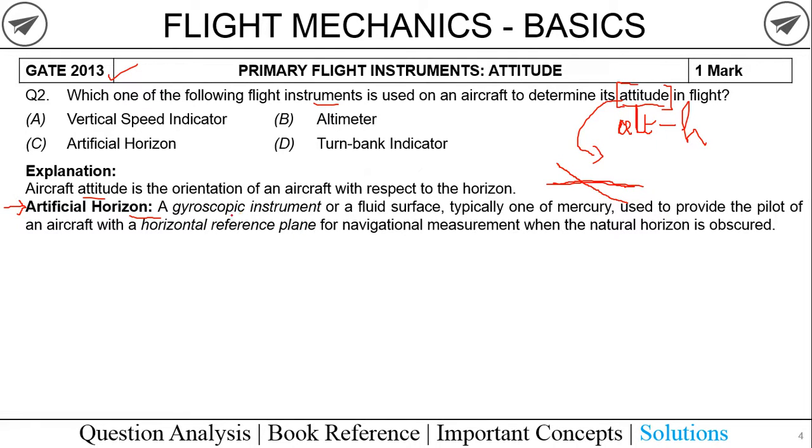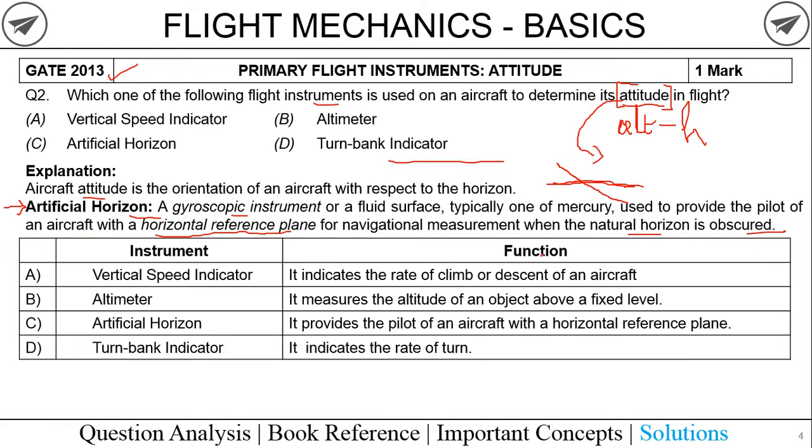Before that, an artificial horizon is a gyroscopic instrument. The attitude indicator is a gyroscopic instrument or a fluid surface, typically one of mercury, to provide the pilot of an aircraft with a horizontal reference plane. Basically, this provides a horizontal reference plane for navigational purposes when the natural horizon is obscured, meaning unclear or not available.